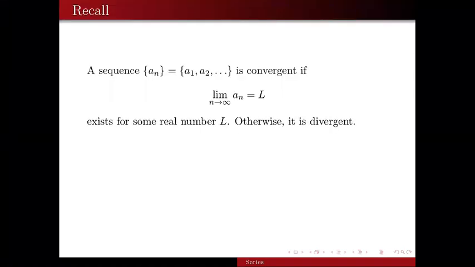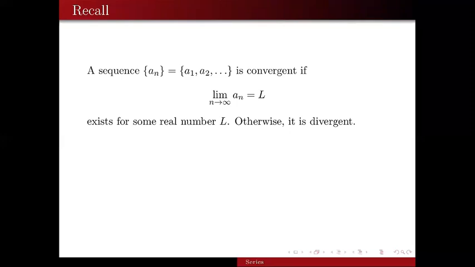So remember the infinite sequence, or we just call it a sequence. A sequence is denoted by these curly braces, and inside the curly braces it's just the a_n, or simply your set containing a1, a2, a3, and so on. It's an ordered set of real numbers.